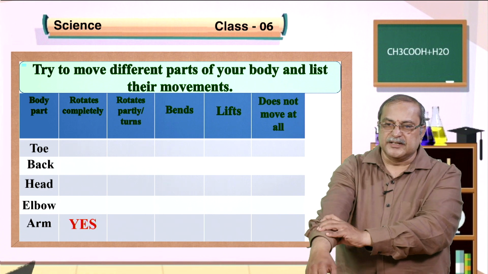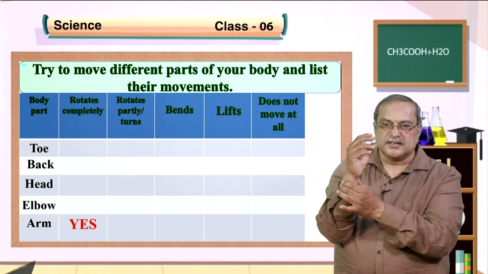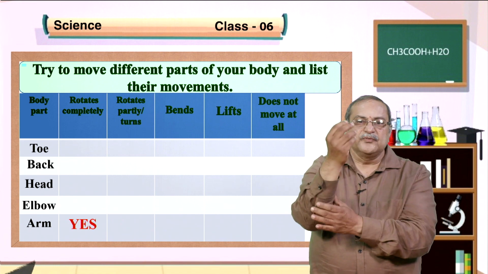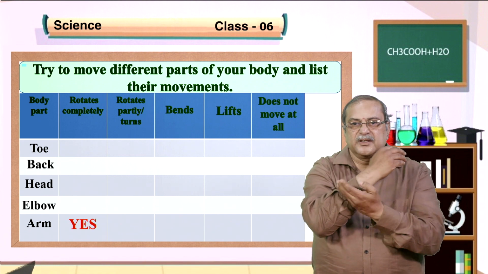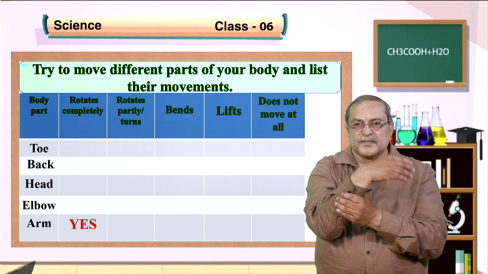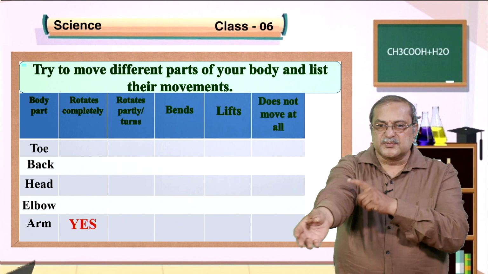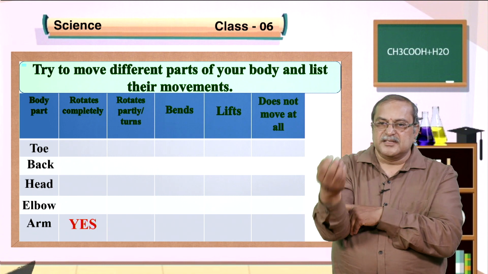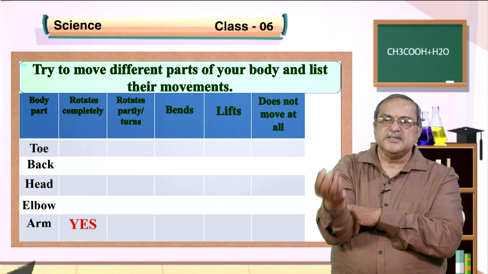Different bones are here. In this part there are two bones present. So, this is the arm. We cannot bend in between, isn't it? We can bend only at this point, because there is a joint, where the bone pieces meet, that means you can bend.